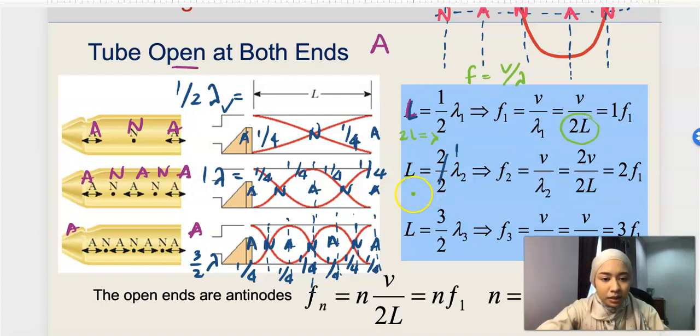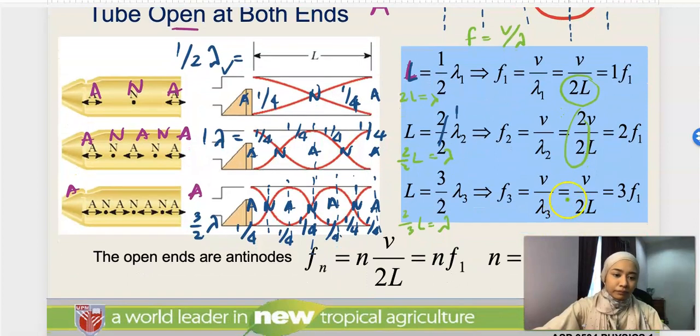And rearranging this, I will get 2 over 2L is equal to lambda. Then the next one becomes 2 over 3L equals lambda. And of course, same thing, it's 3 over 2L times V. Okay, same.